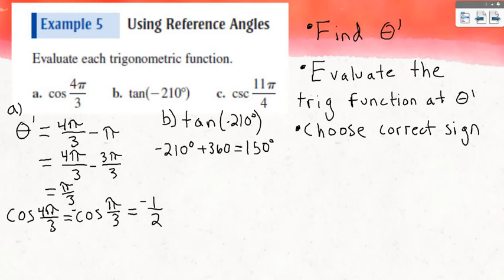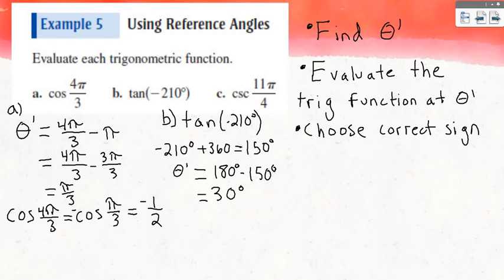So then hopefully we notice that 150 degrees is in our second quadrant. So we would take 180 degrees, subtract off 150 degrees, and we get 30 degrees.